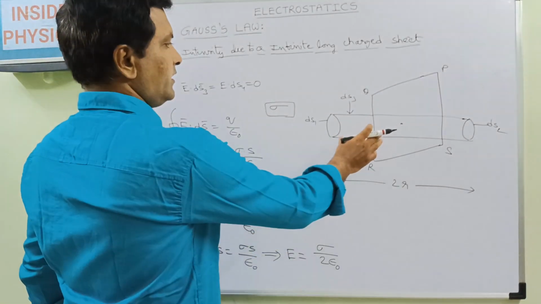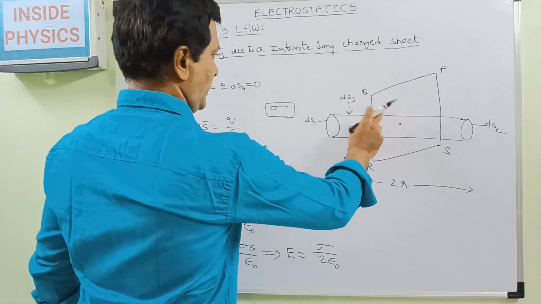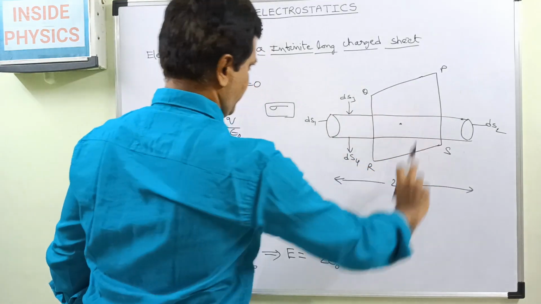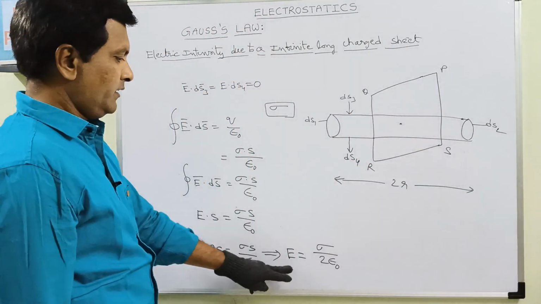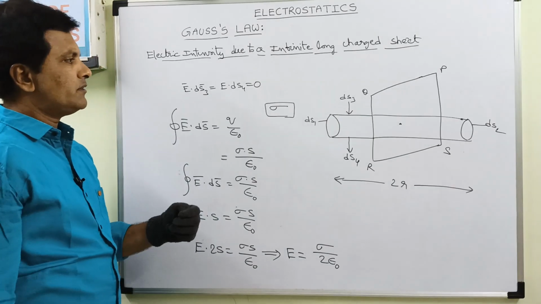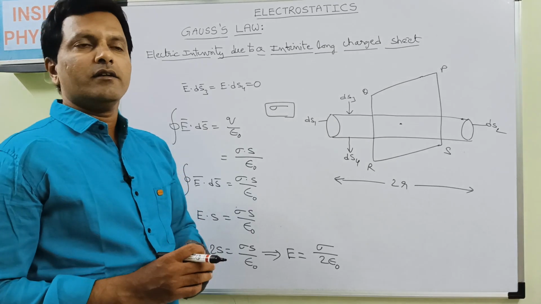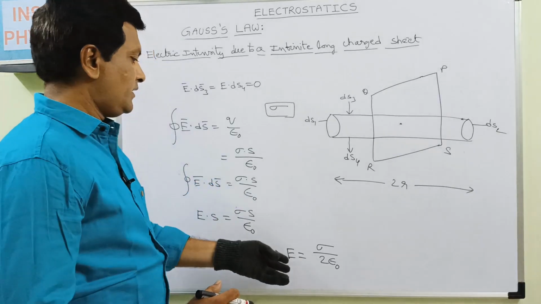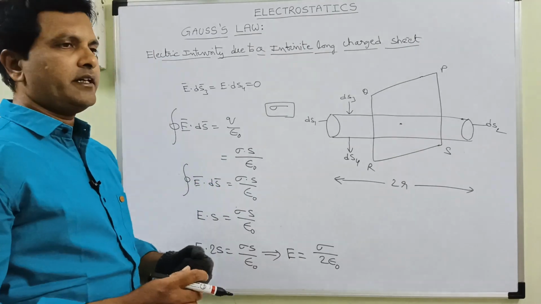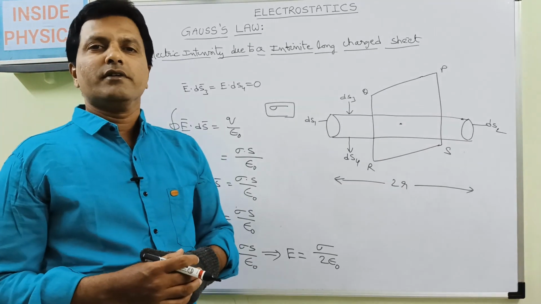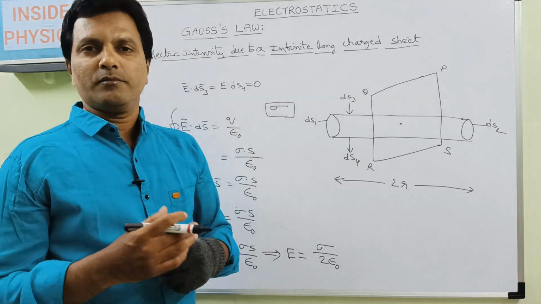The intensity will be due to the charge enclosed in this Gaussian surface. In this way we can do some applications of Gauss law, and we can find the electric intensity. Here we find the intensity, and we can find the potential also with different charged bodies.